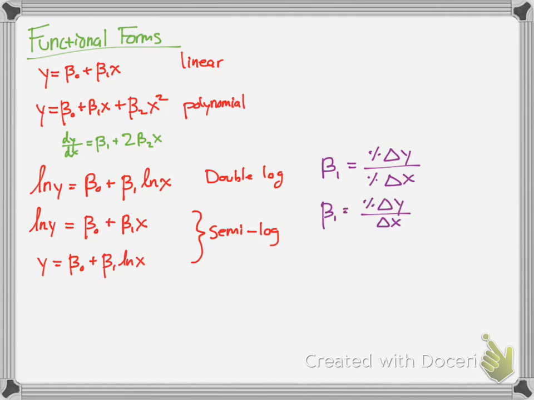Now the second one would be, if you increase height, what would be the percent change in weight? And then this last one, if you increase weight, what would be the percent change in height?